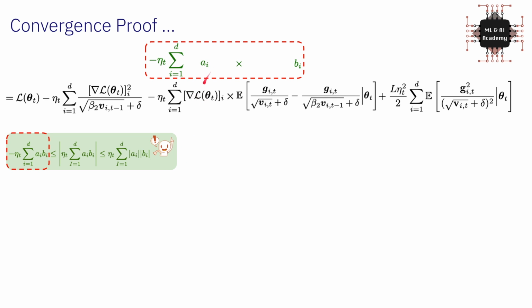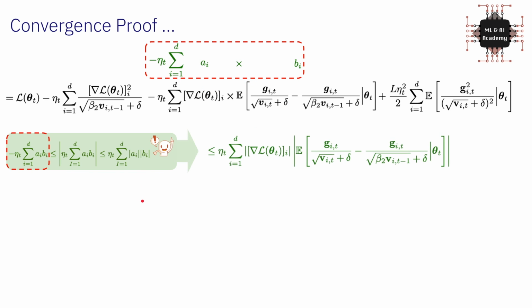So that's exactly what we just said, right? So this is a_i, this is b_i, and then that allows me to rewrite this. So with this, I just rewrite using this equation, and I can say this is less than eta_t times the summation i from 1 to d of the absolute value of the ith component of the gradient times the absolute value of b, which is this monster right here.